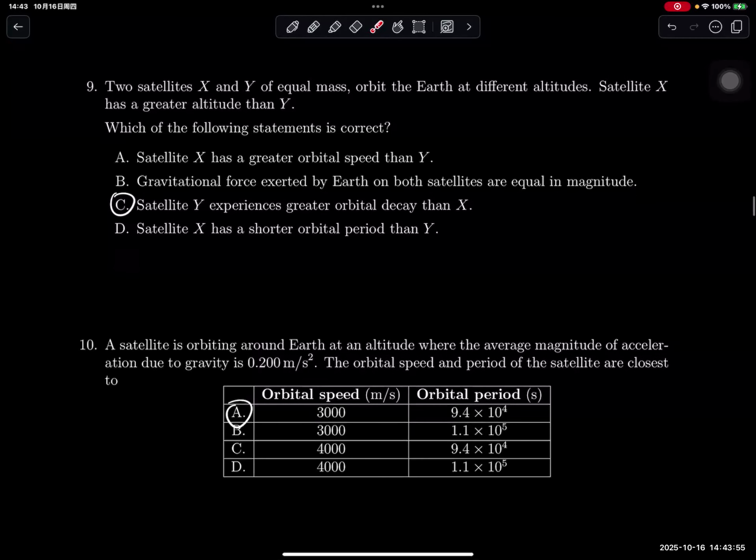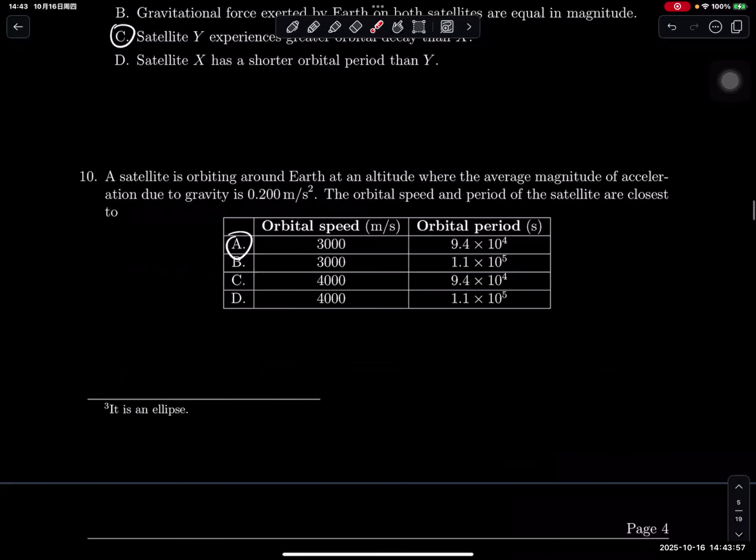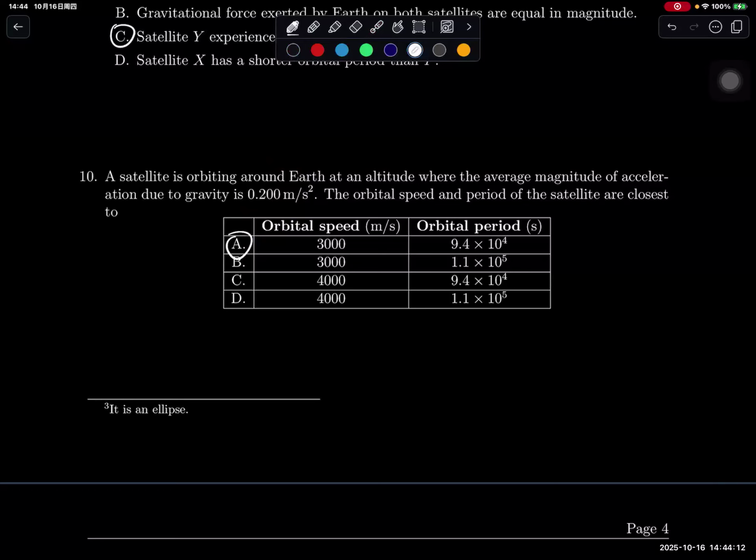Question 10. A satellite is orbiting Earth and the average magnitude of its acceleration is given. You can calculate the orbital speed and the orbital period as well. From gravity, you can use g equals GM over r squared to get the radius of the orbit. The mass of Earth is given on the formula sheet, and it's 6 times 10 to the power of 24.